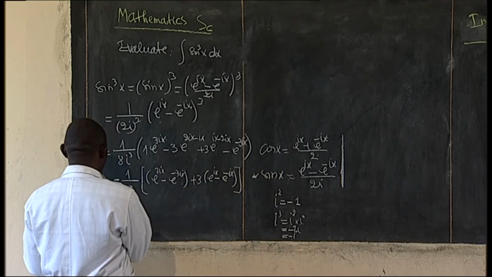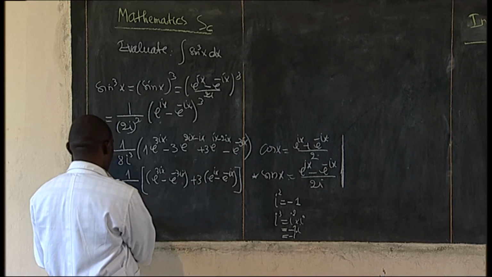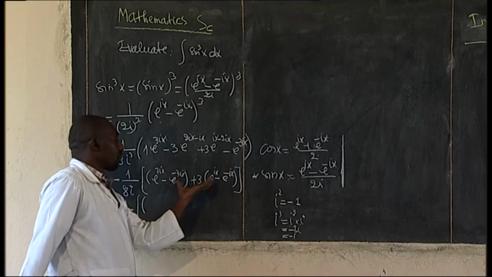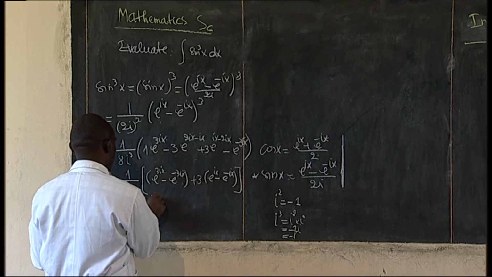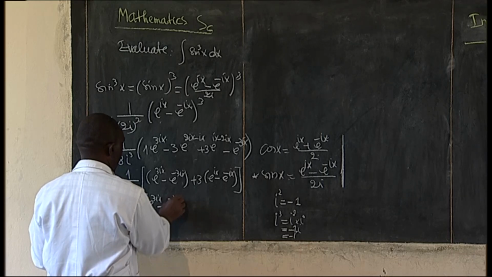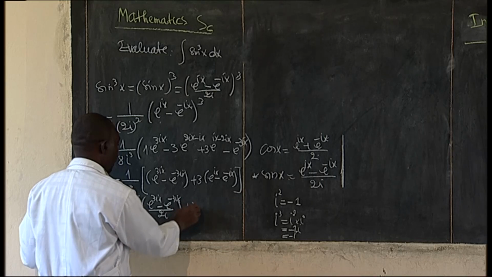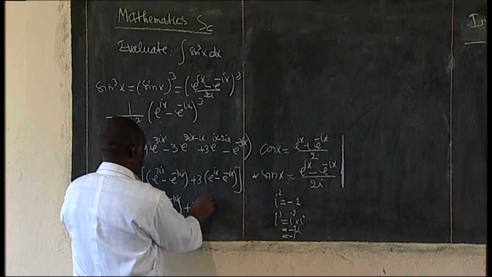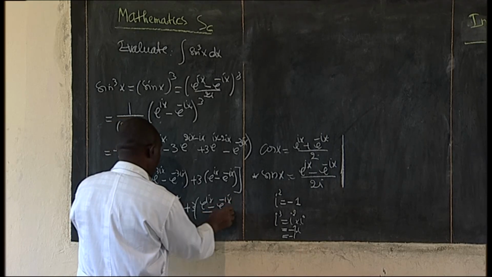So this can be written like minus 1 divided by 4 times, where each term will be divided by 2i. And I have e power 3ix minus e power negative 3ix divided by 2i, then plus 3 times e power ix minus e power negative ix divided by 2i.